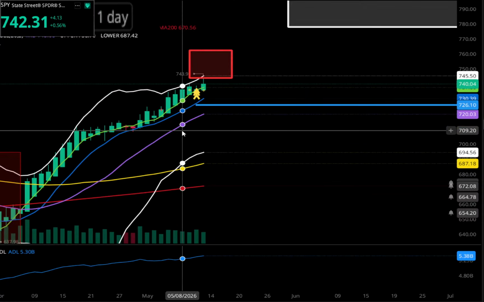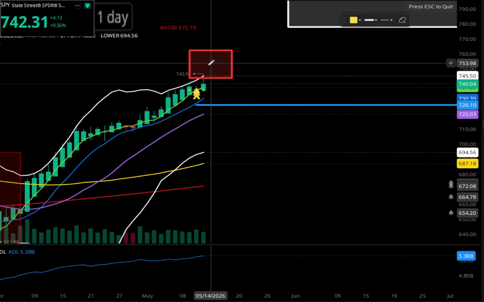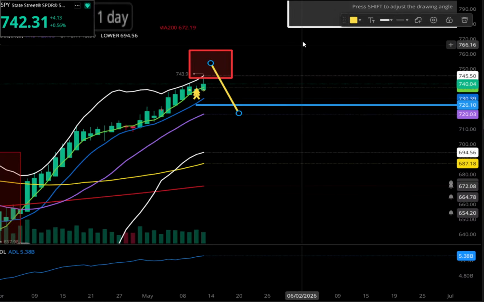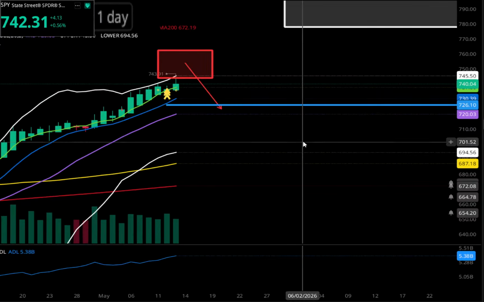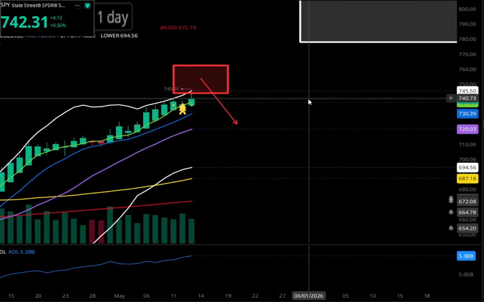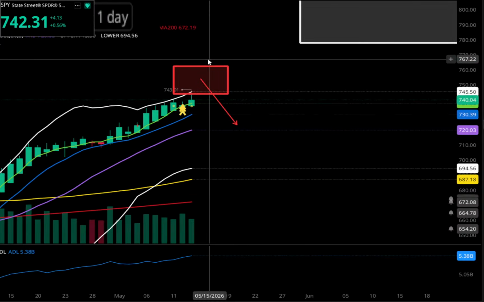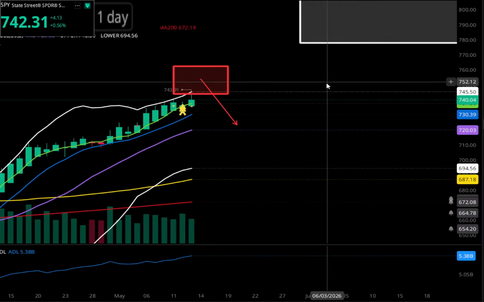This is really starting to need to be tested. So what can we fully expect from the upper Bollinger? We can fully expect a push down towards that 20 mile. That's going to be the next cycle to this rally: popping off this upper Bollinger move and then entering the shorts.